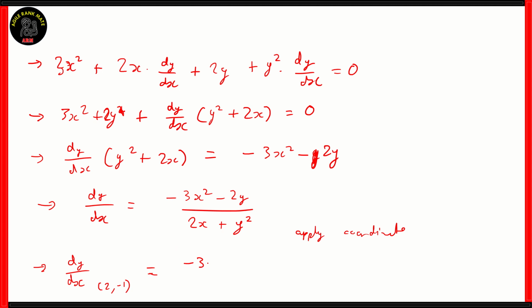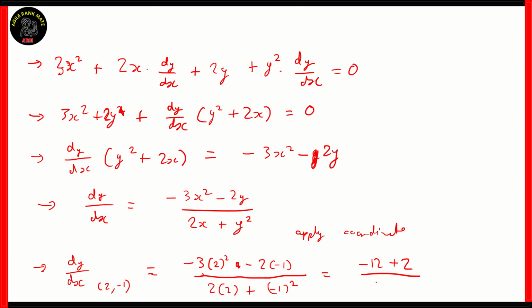So what we get is minus 3 times 2 squared minus of 2 times minus 1 over 2 times 2 plus minus 1 the whole squared. So 2 squared is 4. 4 times minus 3 is minus 12. Minus 2 of minus 1 is plus 2.